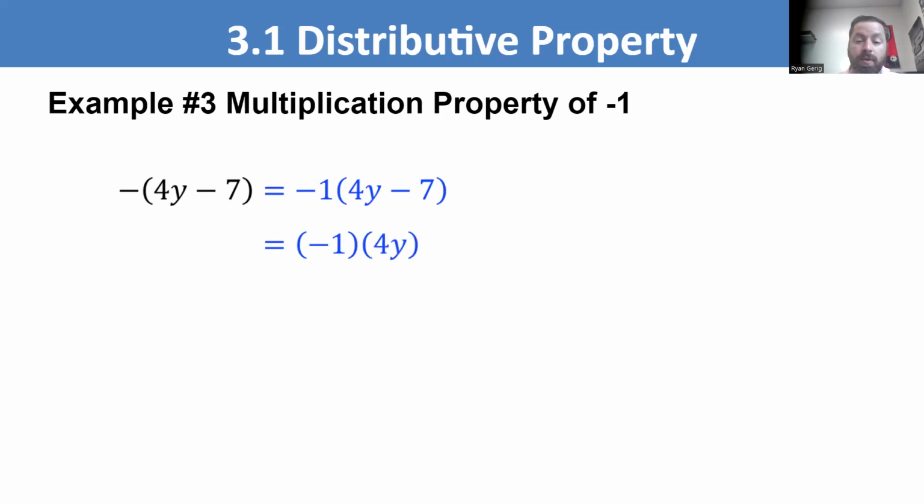So -1 times 4y plus -1 times -7. Again, look at that as a negative 7, not as a subtract 7. -1 times 4y is -4y plus -1 times -7 is +7, so plus 7. So that's distributing a -1. It switches both of the signs inside the parentheses.